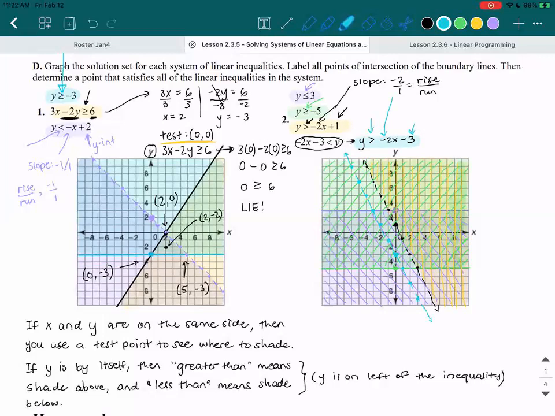So I'm going to first highlight it to shade above. This section is above our line. I know there's so much going on in this picture, I apologize. Okay, so that entire section is above our blue dotted line.